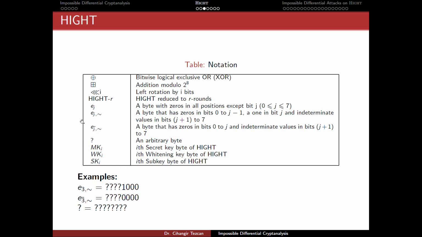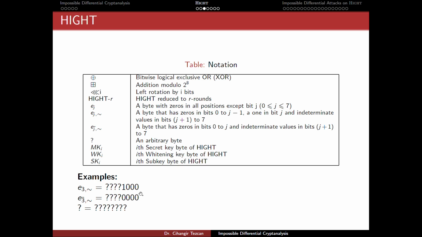We are going to need this because this cipher uses both the XOR operation and modular addition. So we have to see how differences in terms of XORs are propagated through addition. This is why we need such a notation. I already gave some examples, but let's look at E3 tilde.